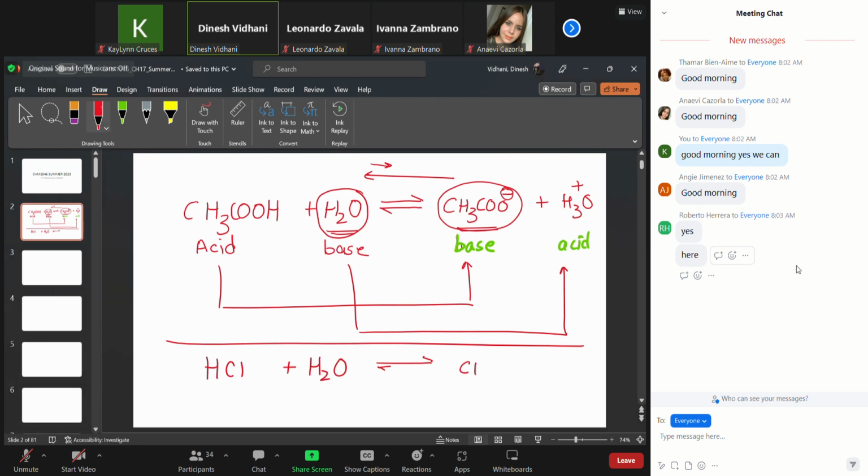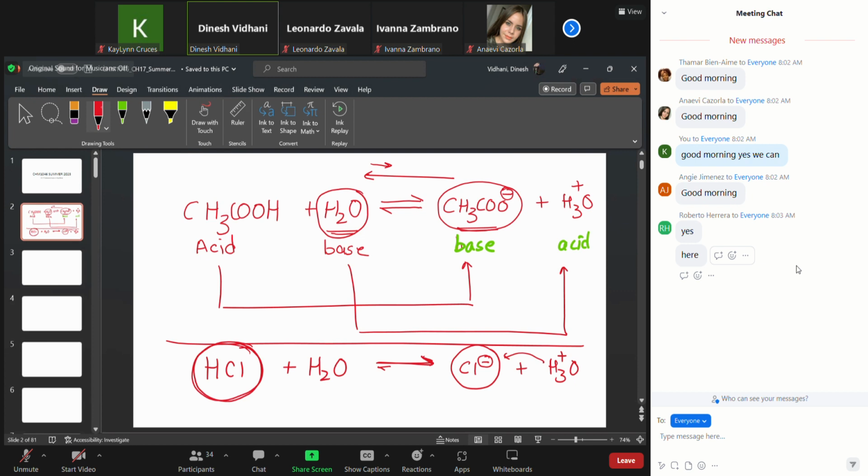In the forward equilibrium, I'm getting Cl minus and hydronium ion. Hydrochloric acid is a strong acid. That means Cl minus is a weak base because it does not want to accept a proton from hydronium ion to reform HCl. Look at the equilibrium: the traffic towards the product side is more compared to the reverse side, right?